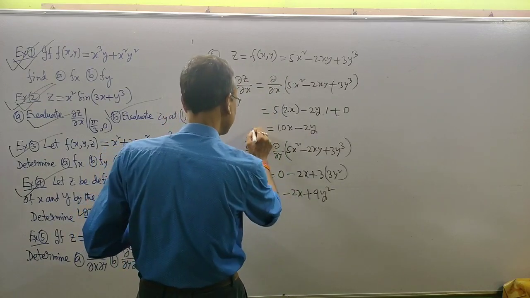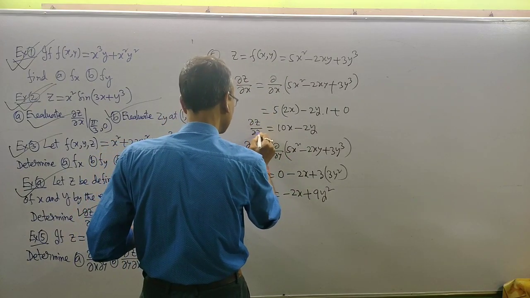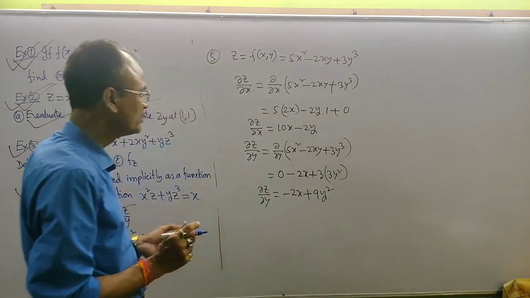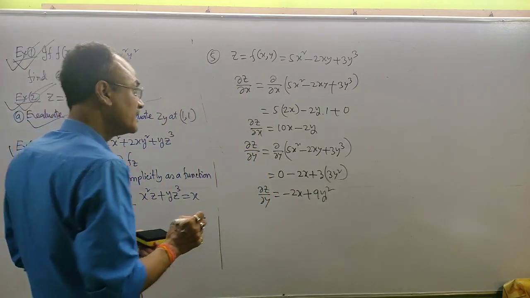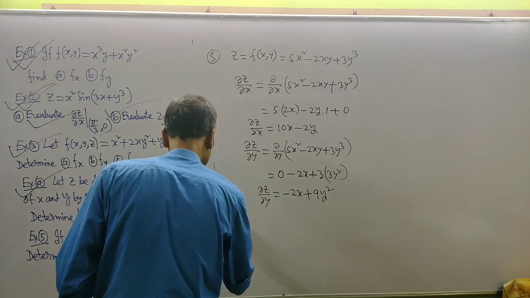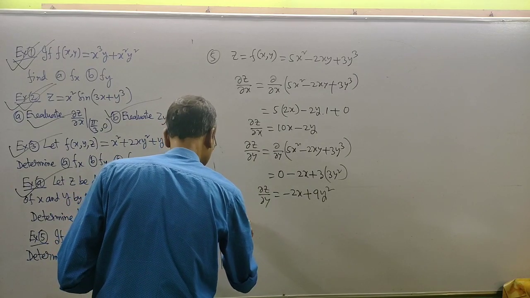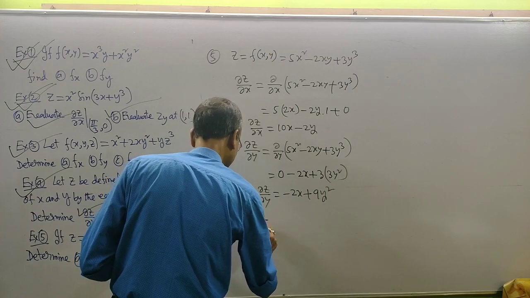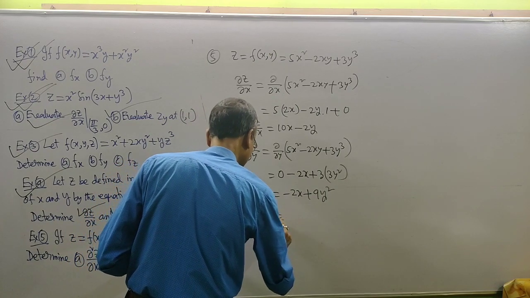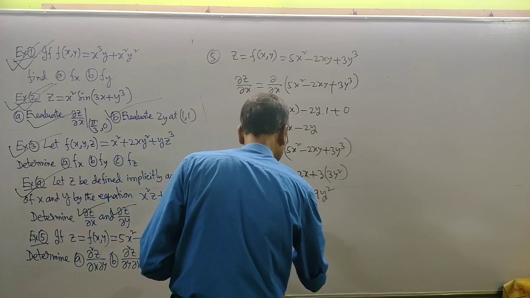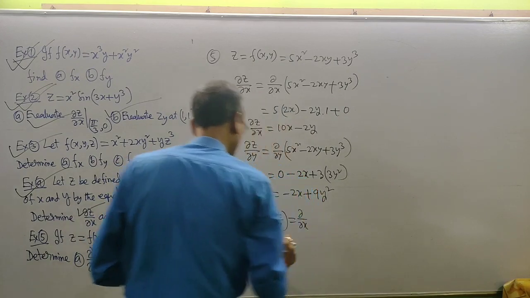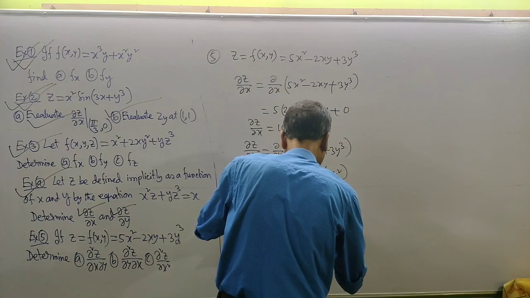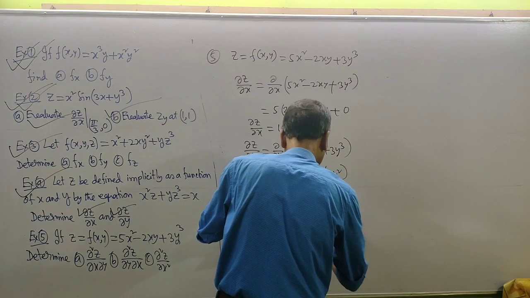Del z by del x and del z by del y will be equal to these. Now, part A: del 2z by del x del y equals del x of del z by del y, equals del x of minus twice x plus 9y square.